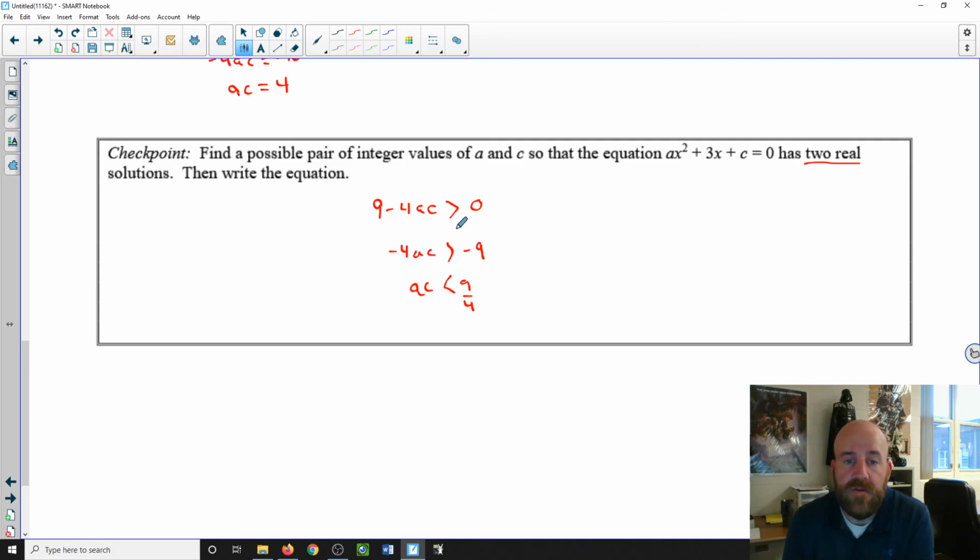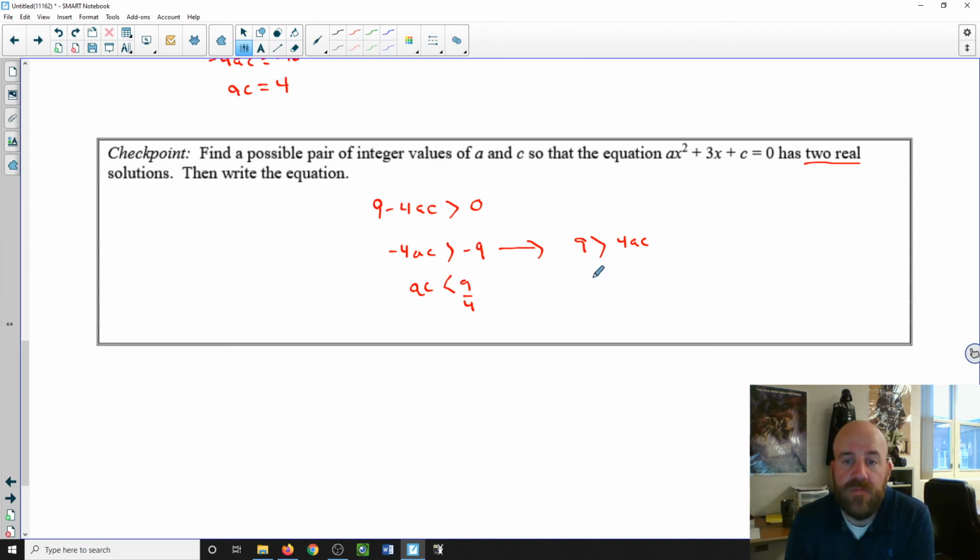So the other way you can handle this too, because some people forget about it, let me show you this over here. So all you gotta do is we could move the entire values to the other side of the equation. So if I added 4ac to both sides of the equation and I added 9 to both sides, we would end up with 9 is greater than 4ac.